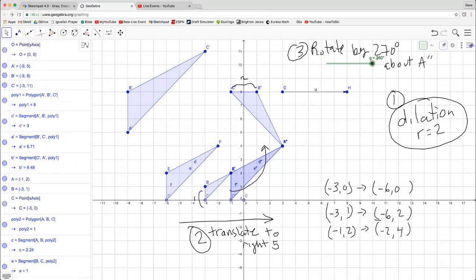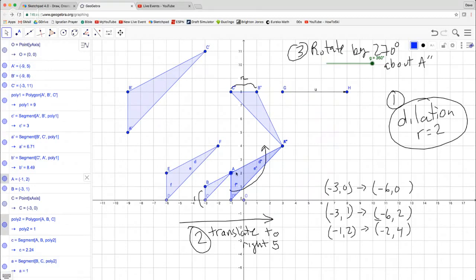So what did we do in summary? We took ABC and we dilated it, and then we translated it to get to triangle A prime, B prime, C prime.